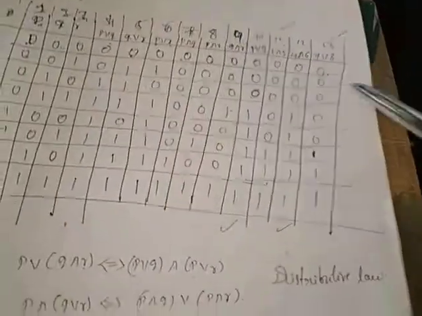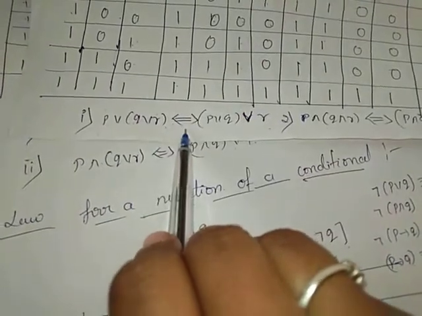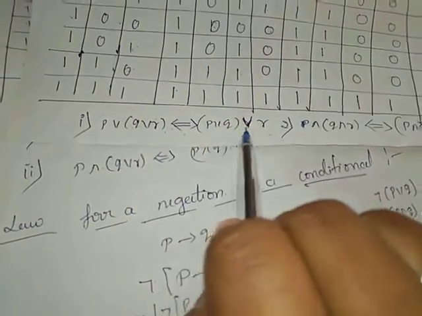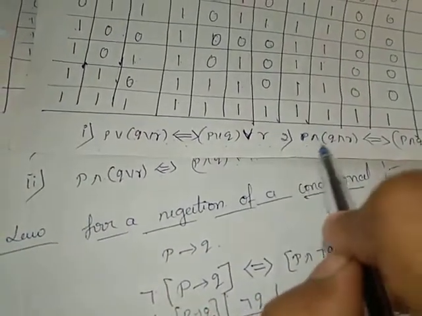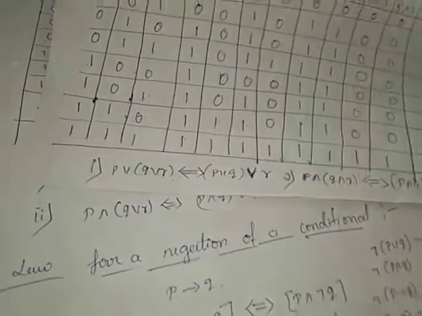So our associative law states that (P or Q) or R is equivalent to P or (Q or R), and (P and Q) and R is equivalent to P and (Q and R).